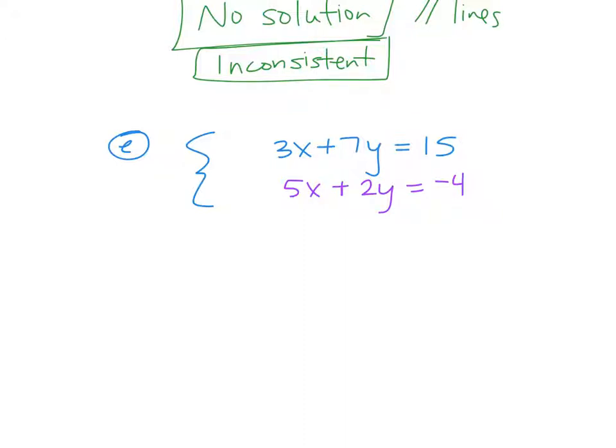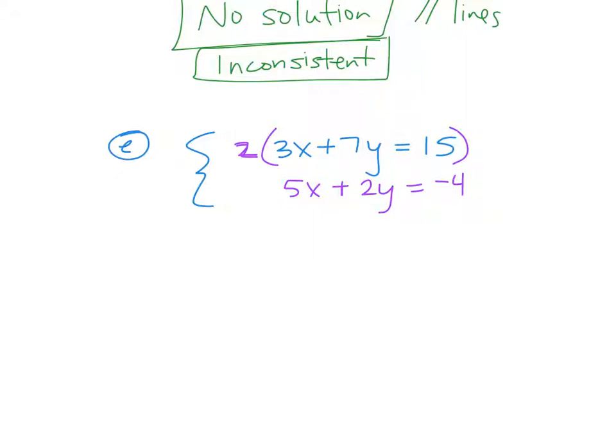We can't multiply one of them to get opposites. So we have to multiply both. What shall we multiply the top equation by? And you have options, okay? You could do your x's or you could do your y's. Okay, but if we multiply it by 2, oh, you're doing the y's. You're gonna change your y's? Okay, we'll multiply the top one by 2.